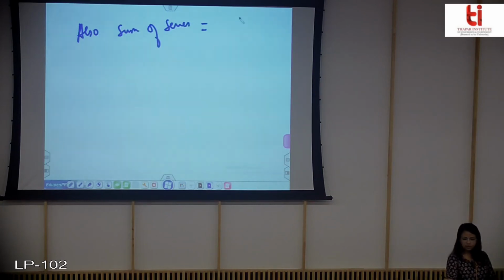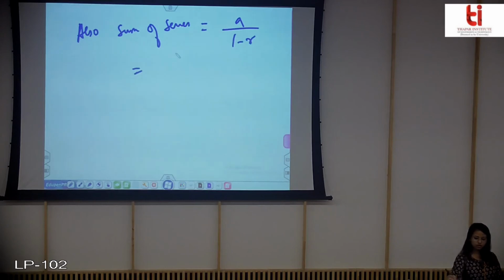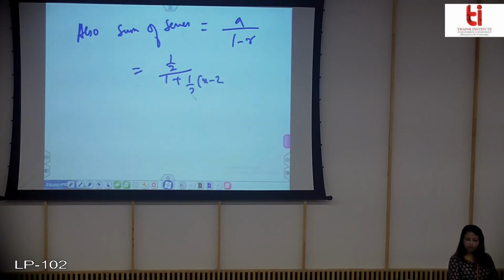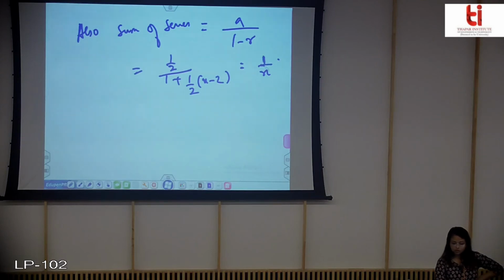And also you can find the sum of the series. You already know that the geometric series has this sum, and if I put all the values, what I'll get is 1 by x. Now you can see that the sum converges to this 1 by x.